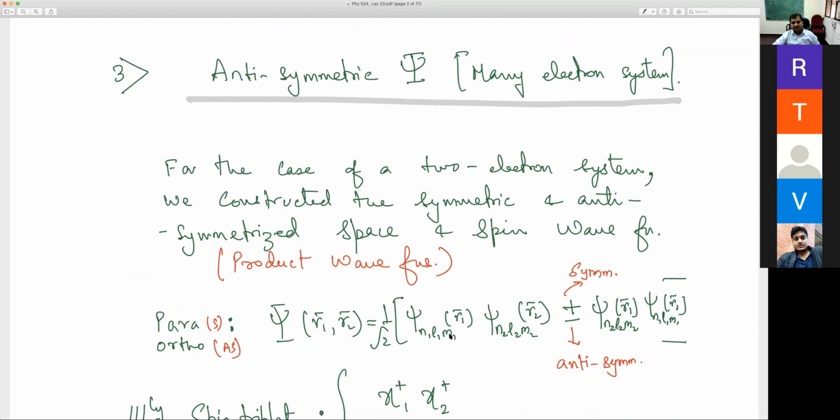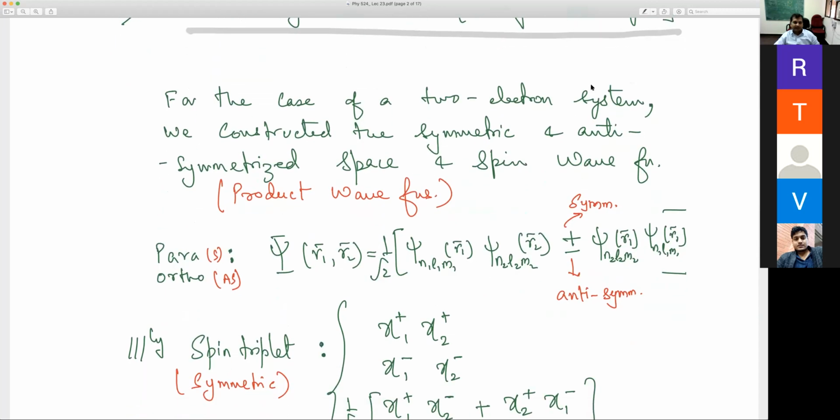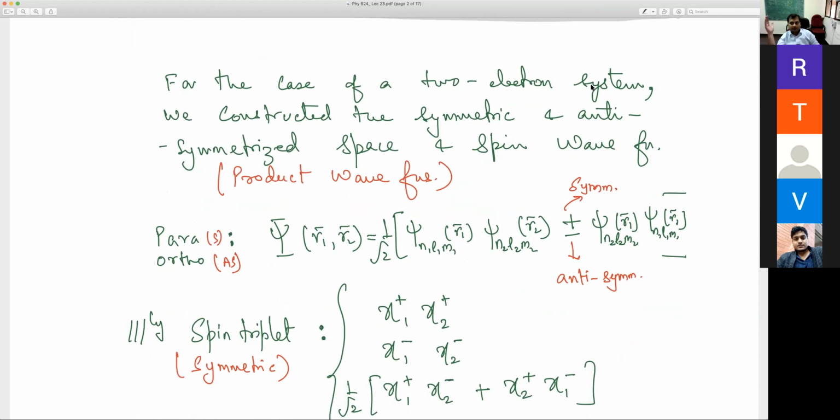So, antisymmetry of the many electron wave function. The main idea is that for a two electron system, we constructed the symmetric and antisymmetric parts of the spatial and the spin wave functions. We start from single particle wave functions and use them to construct multi-particle wave functions.